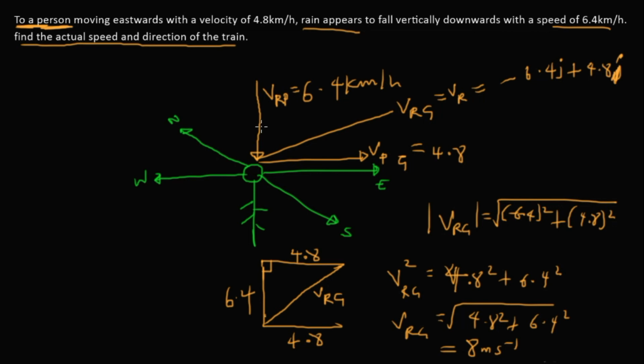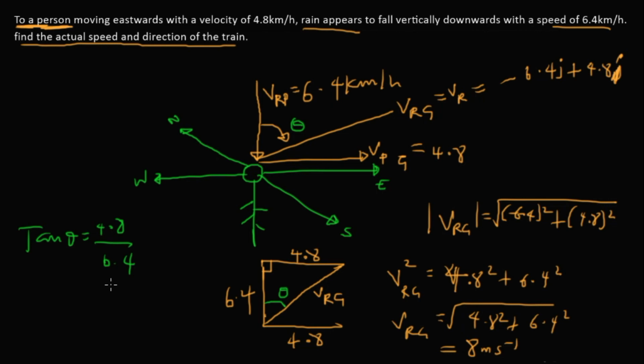To find the direction, it has to be from the vertical. So let's see the actual direction, which is supposed to be angle theta. That means we have angle theta right here. So we have the opposite and we have the adjacent. We can make use of tan theta, which is opposite upon adjacent, 4.8 divided by 6.4, that's actually equal to 0.75.